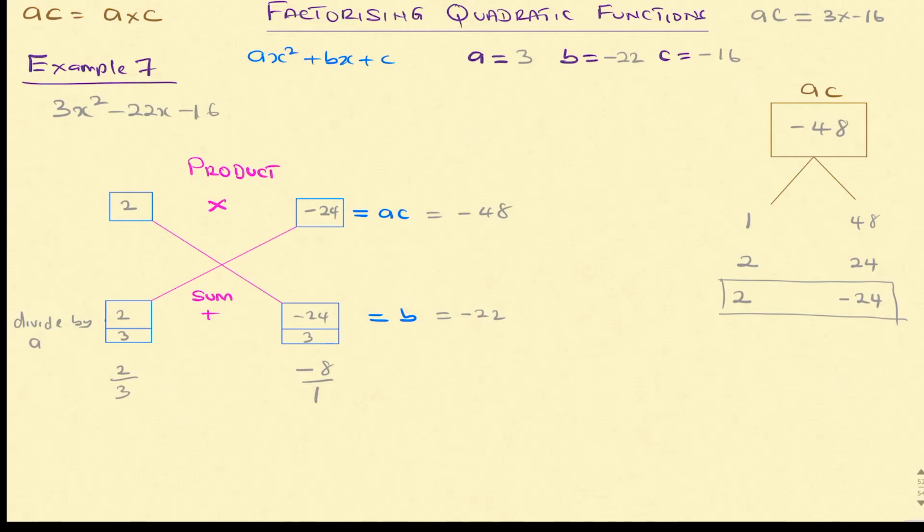We can only simplify one part, one side. So now stick x to the denominator of the bottom box on each side. And now our factors will be 3x plus 2, the numerator of the bottom box, and 1x minus 8, the numerator of the bottom box.